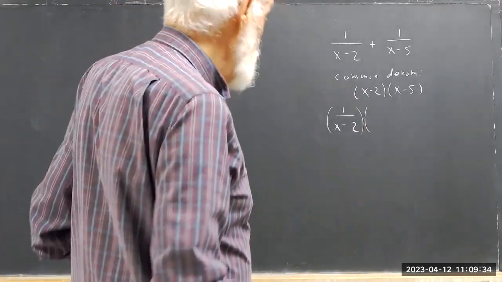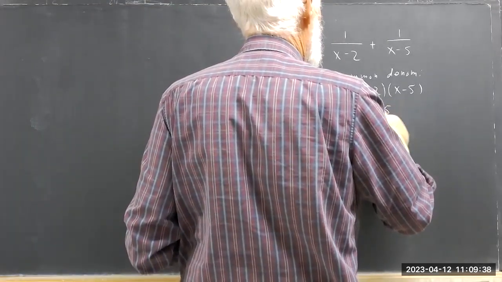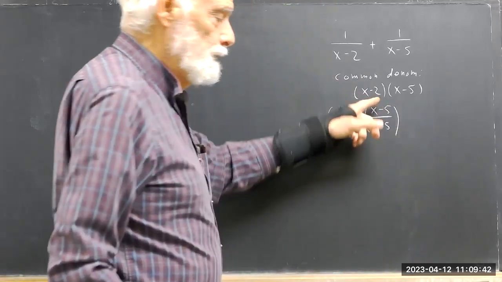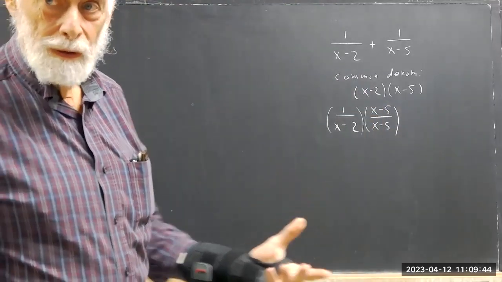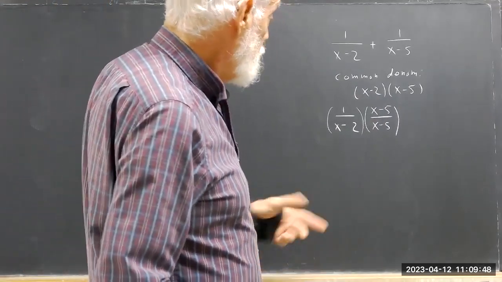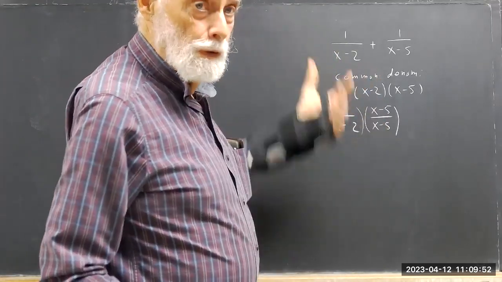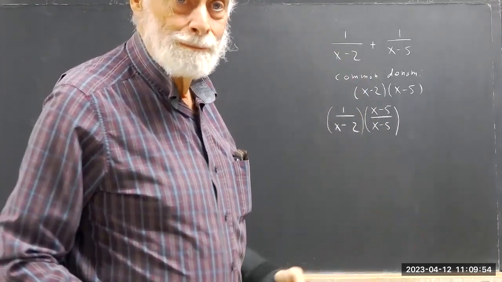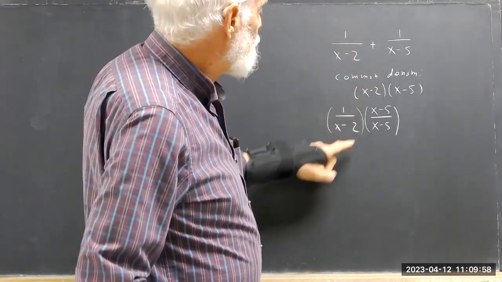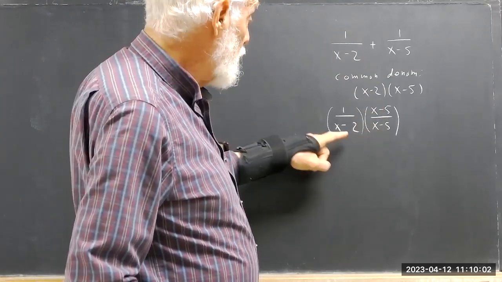We can't change its value, so what we do is we multiply by x minus 5 over x minus 5, which is just equal to 1 unless x happens to equal 5. And if x equals 5, then this is 0 over 0, which is undefined. Indeterminate.